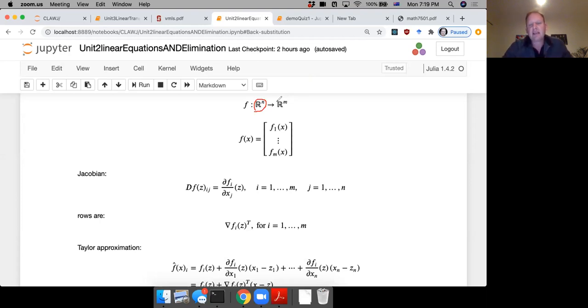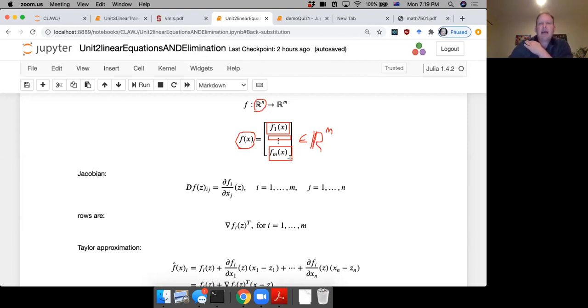Now, in this case, what we can do is represent f of x, which is an element of Rm, as m different scalar functions. Here's the first function, here would be the second one, and here would be the mth one.